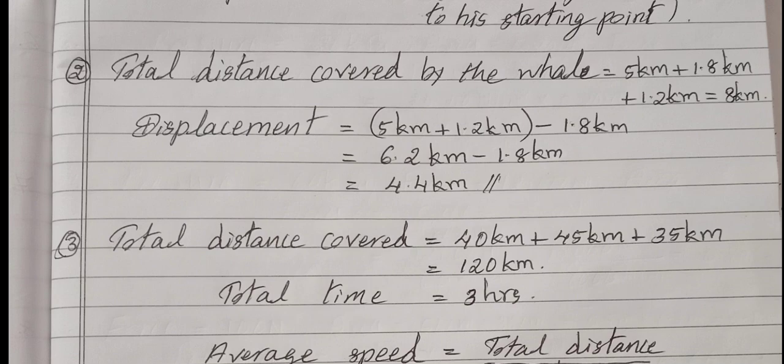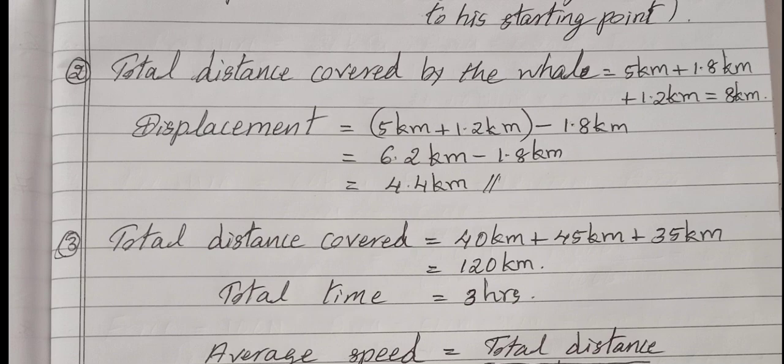First we find the distance covered by the bale: we add all the distances, 5 kilometers plus 1.8 kilometers plus 1.2 kilometers, and after adding we get 8 kilometers. That is the distance covered by the bale.